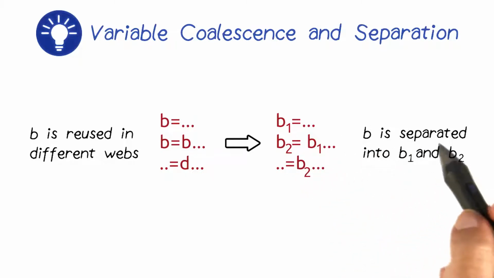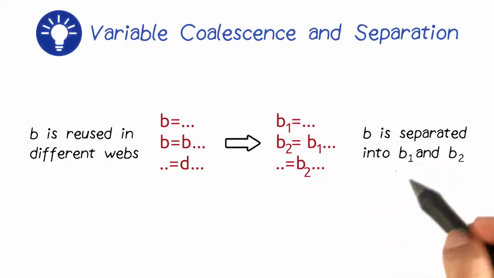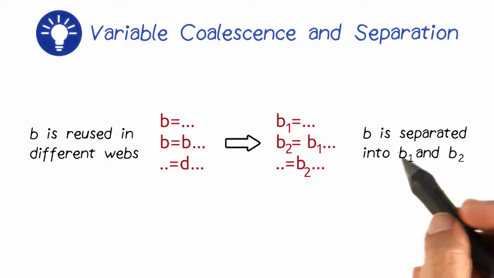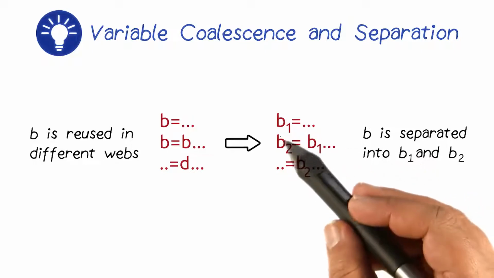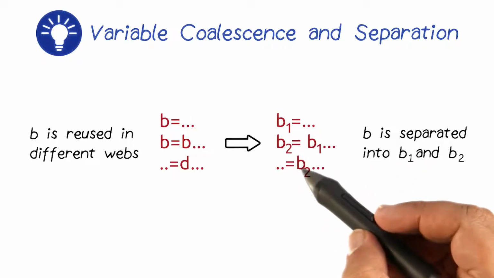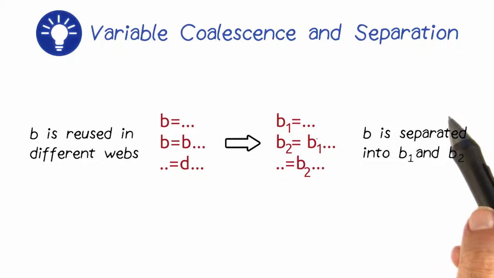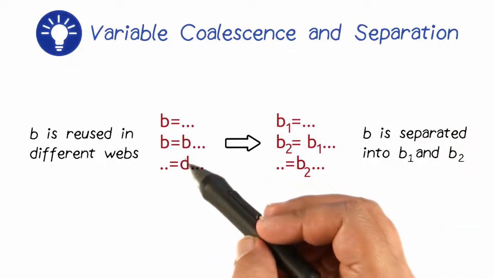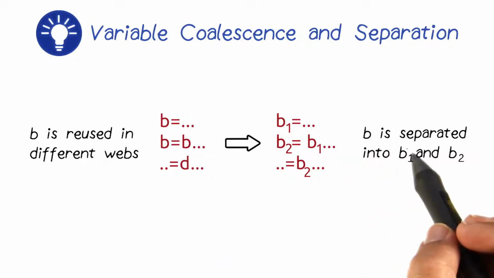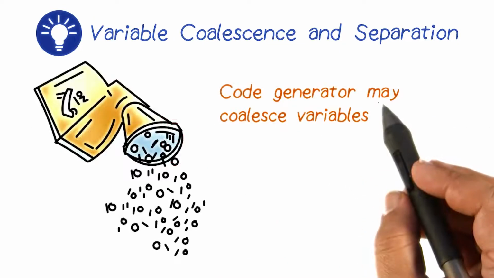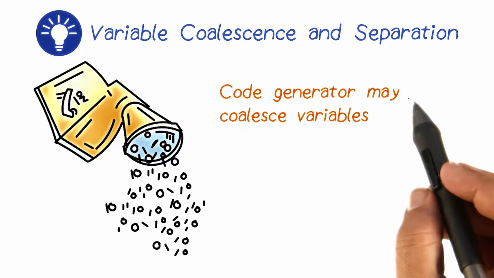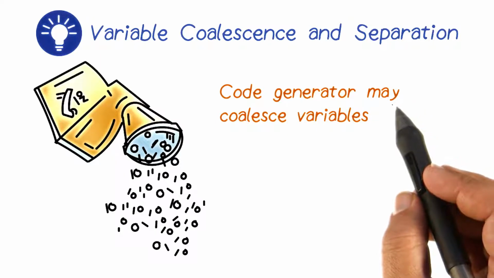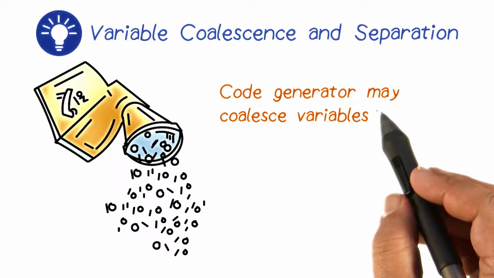And that's how we'll separate a given variable into multiple webs. You may ask me why this is important. This is important because it gives us freedom to tackle a part of the web by coalescing it with part of another web, and therefore we want to break down these original things into as fine-grained webs as possible. So the goal of splitting things into the web is that the code generator may coalesce variables at its own freedom.